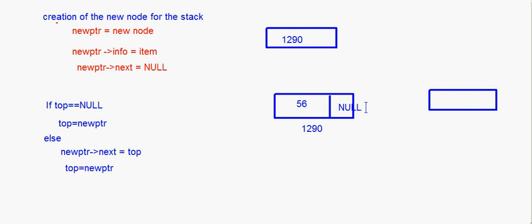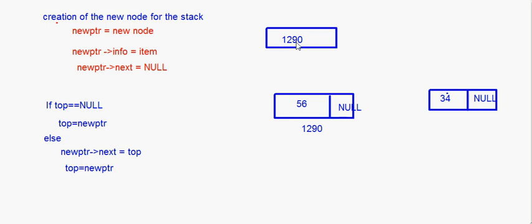Now when I create a new node, we have some information here. This is this part, new PTR info. So we put some information, 34 let's say, and when you create the new node, this is also equal to null.